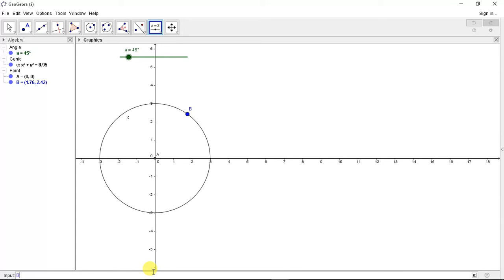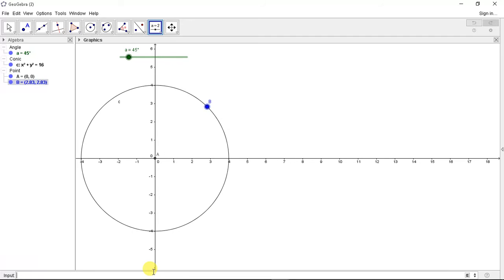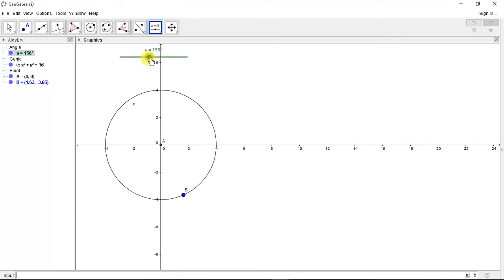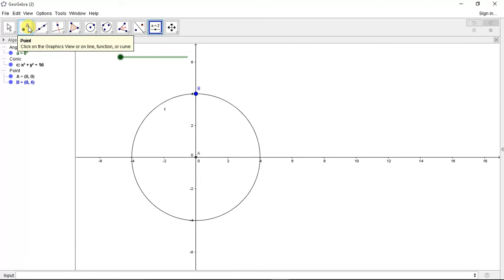Now defining B equals to 4, considering radius as 4, sine of A, comma 4 cos of A. Okay, so now we get a point. Let's make a second point on the x-axis, because this point will act as the piston and will move in a single direction.